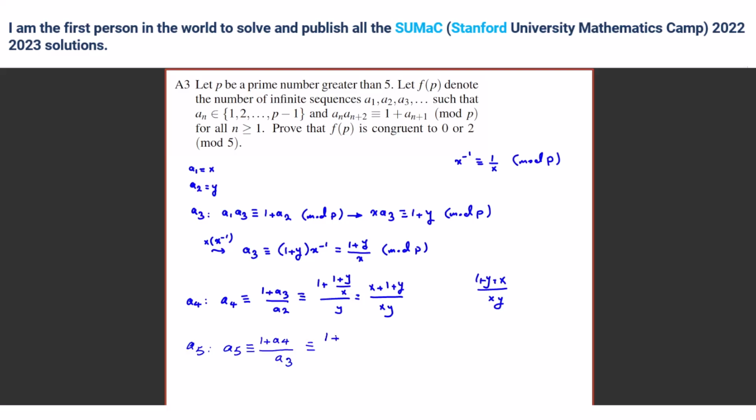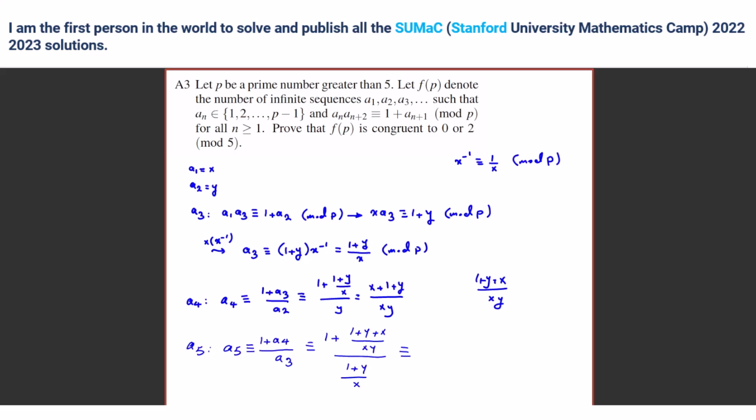A4 is what? A4 is 1 plus y plus x over xy. Exactly. A3 is what? A3 is 1 plus y over x mod p. So it is equal to what? Okay.